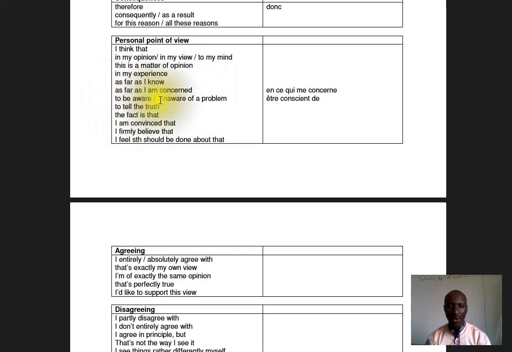To be aware of a problem, or to be unaware of a problem: être conscient, ne pas être conscient de. To tell the truth, the fact is that, I am convinced that, I firmly believe that, I feel something should be done about that.